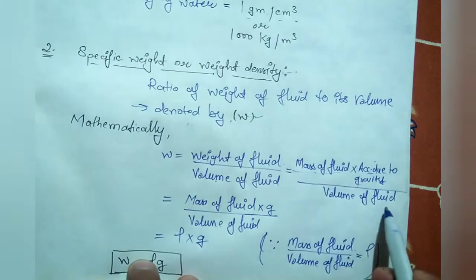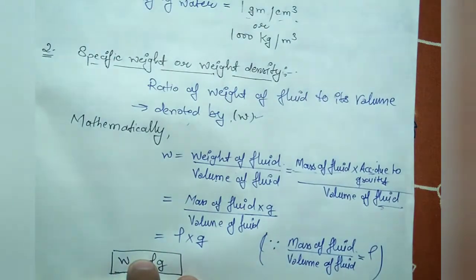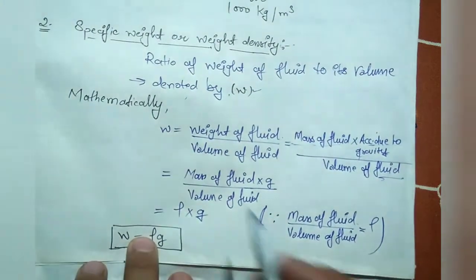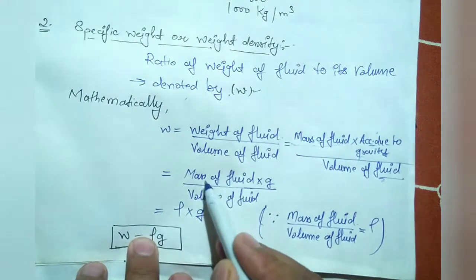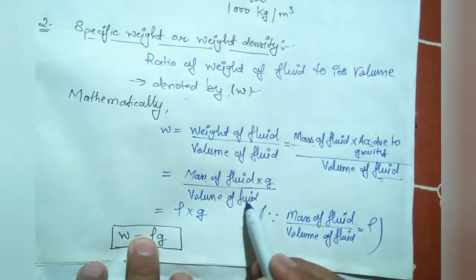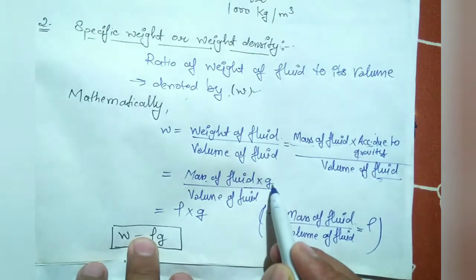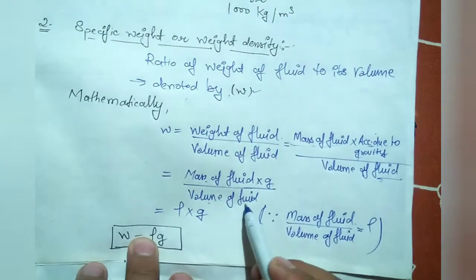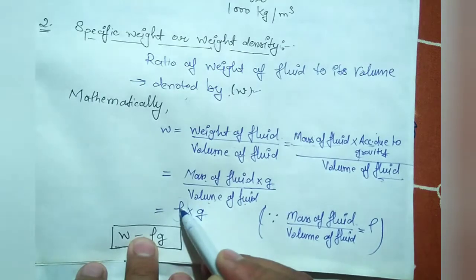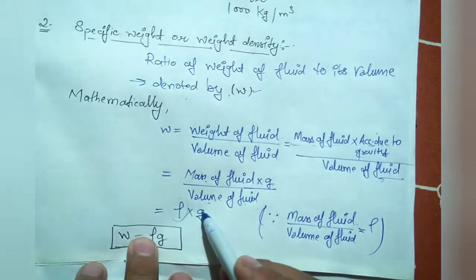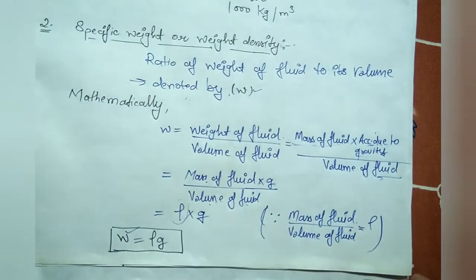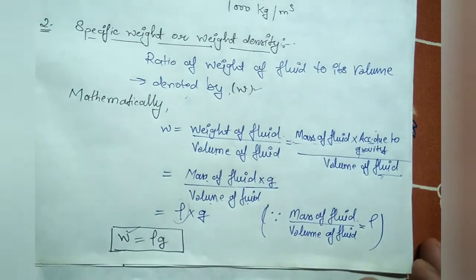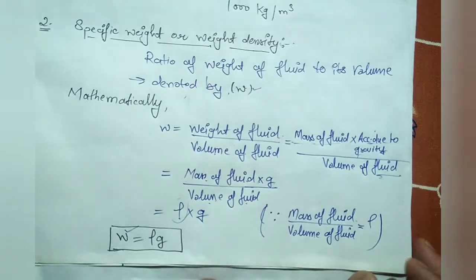So mass of fluid over volume of fluid is density, and density multiplied by small g is w, the specific weight or weight density.